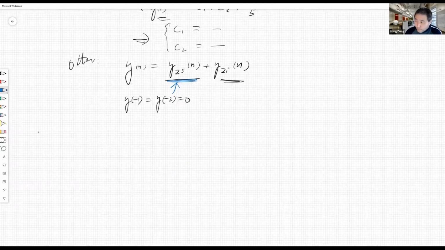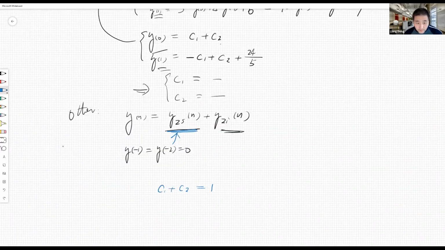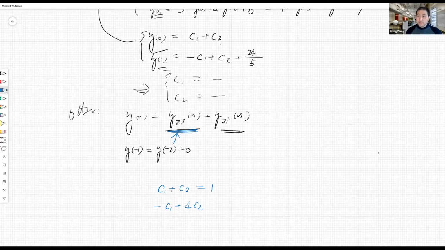So we plug in that C1 plus C2 equals 1. Okay. And negative C1 plus 4C2. Should I have a 4 here?